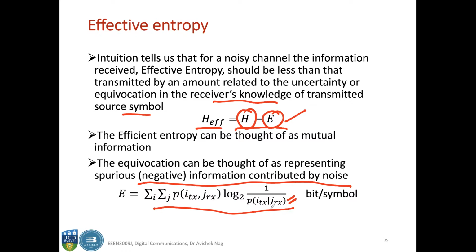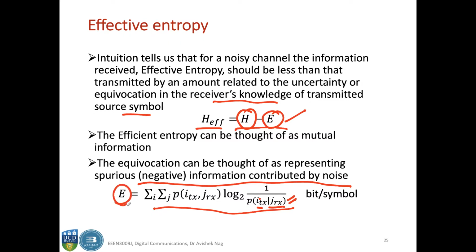So let's say, given that you have received J, what is the probability that you transmitted I? Those probabilities actually define the contribution due to the noise. And if you use those probabilities in the definition of information, they will give you the negative information that you are losing because of the noise.